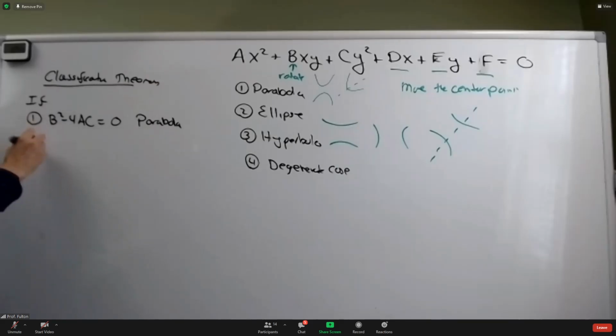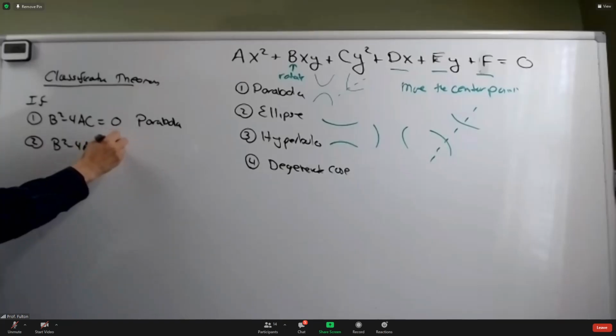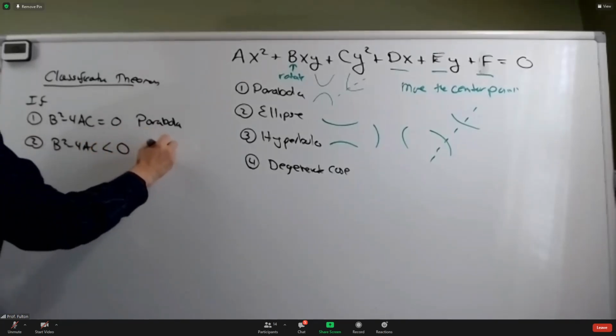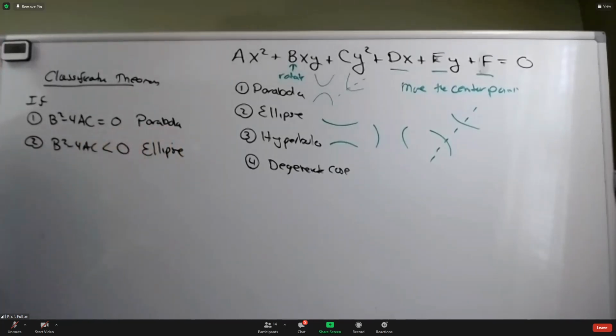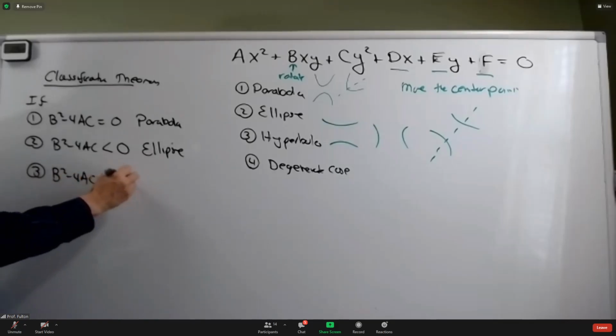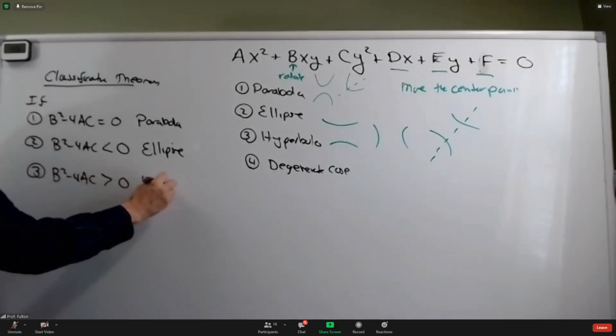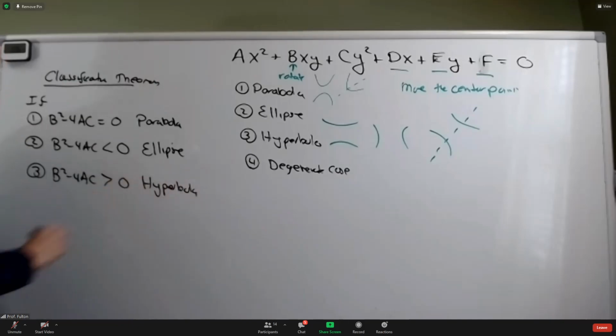If, however, b squared minus 4ac is negative, it's an ellipse. And if b squared minus 4ac is greater than 0, it's a hyperbola. That's how you classify. Just take a look at whatever those numbers are.